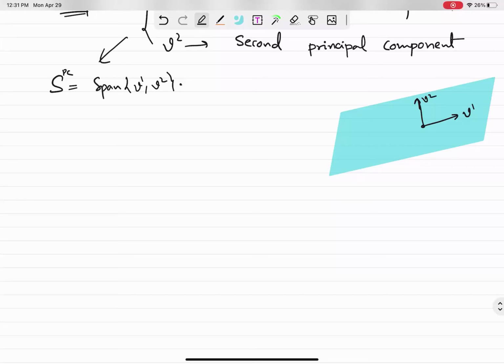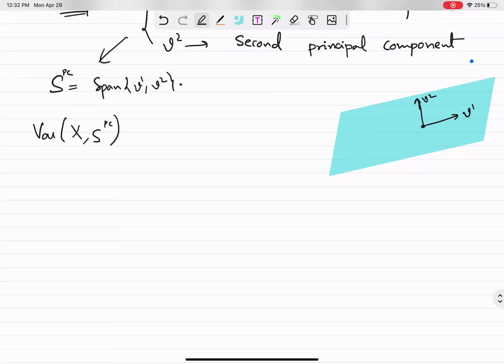So it has to be perpendicular. Now let's say I have another point X here. So what is the variance of X to SPC?